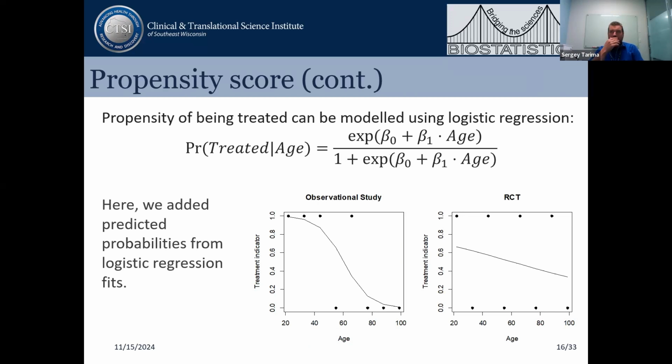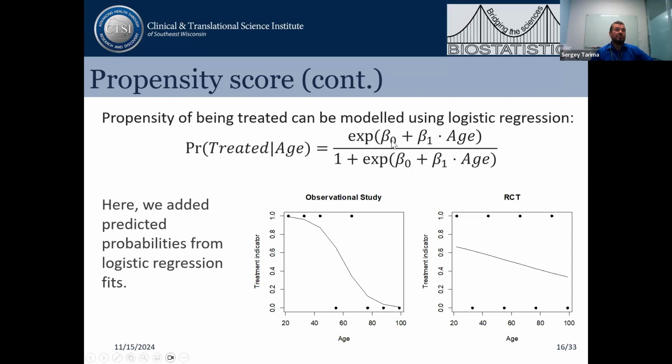Next step. When we observe this imbalance, we can model this imbalance. For binary outcomes, propensity score is typically modeled using logistic regression. In the logistic regression model, we use age as a predictor for the probability of being treated. And this is the statistical model for logistic regression.